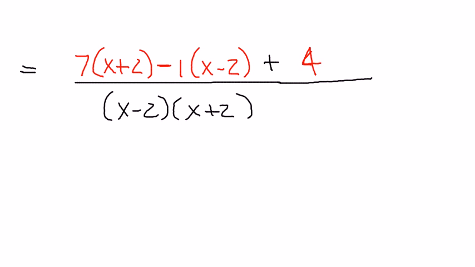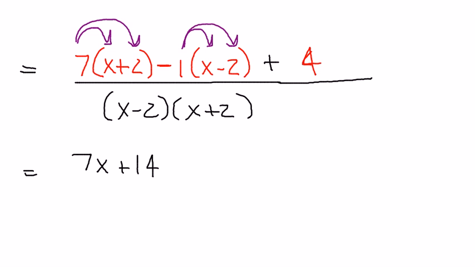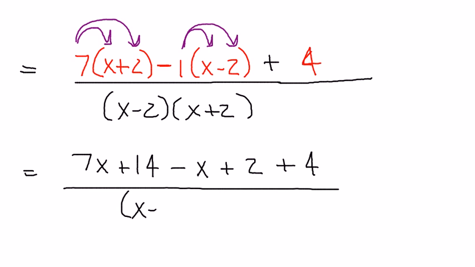And what I mean by simplifying is using the distributive property, distributing the 7 through the x plus 2 and the negative 1 through the x minus 2. So we have 7 times x plus 14 minus x plus 2 and then plus 4 all over x minus 2 times x plus 2.